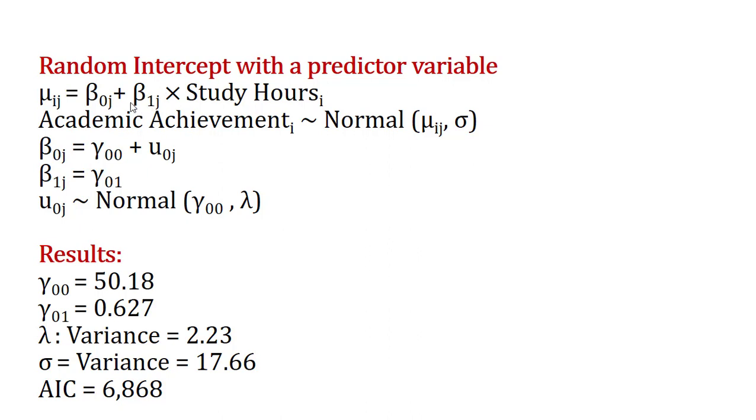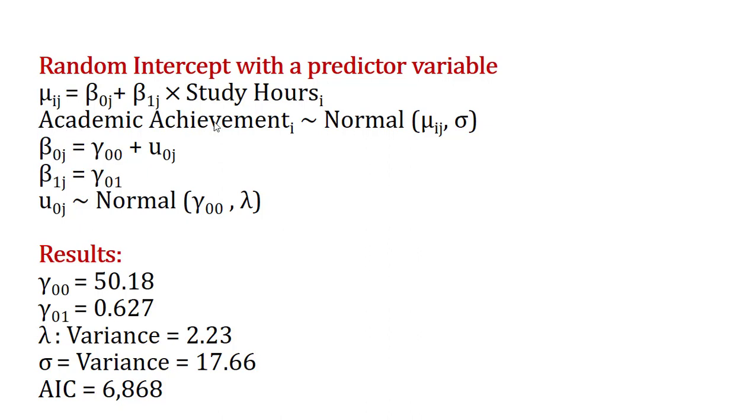Now we are going to have a slope, and in this slope, because we have a j, it seems that we are going to have a different slope in each region, but actually this is not the case.